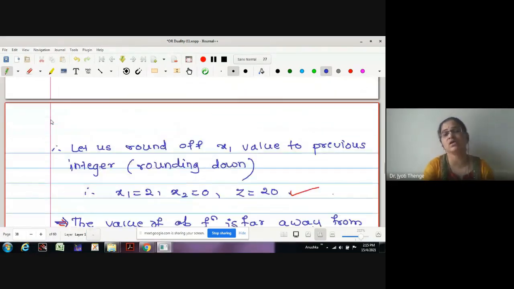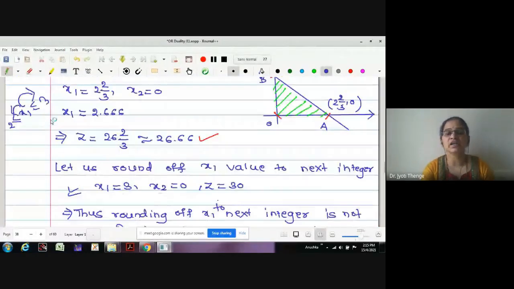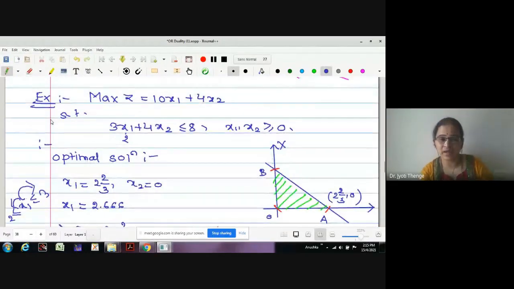Rounding off may not work sometimes for getting the integer values of the decision variables.